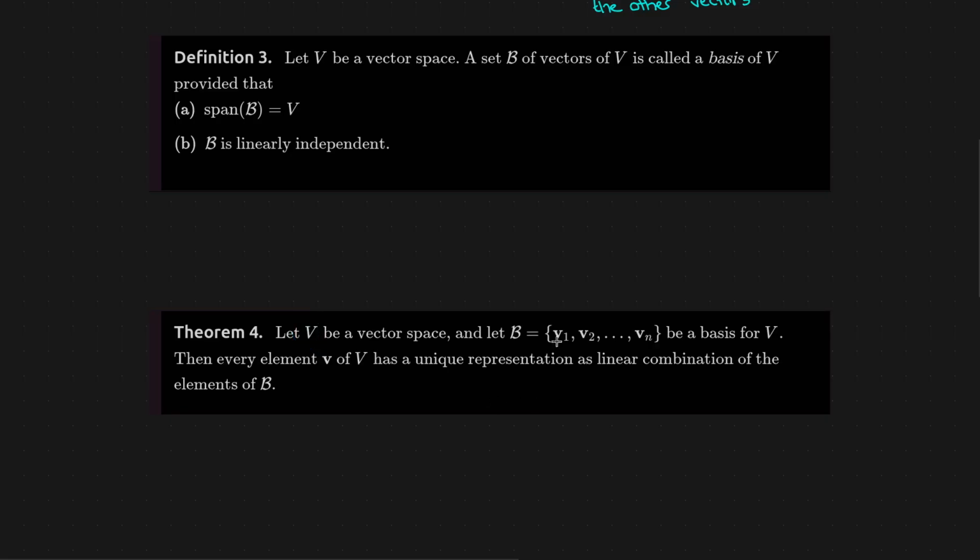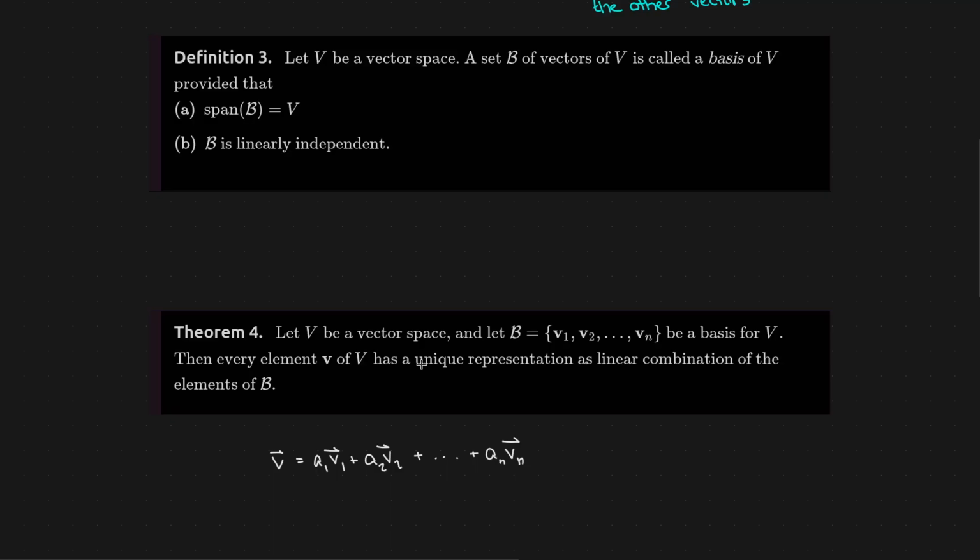First, let V be a vector space, and let set B be a basis for vector space V. Then every element in V has a unique representation as a linear combination of the elements of B. Just very briefly describing what that means: if vector v is in vector space V, because the vectors in B span the vector space, I can express this vector as a linear combination of these vectors, a1 v1 plus a2 v2 and so on. We know that's true.